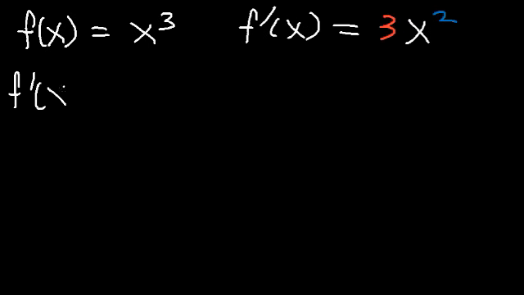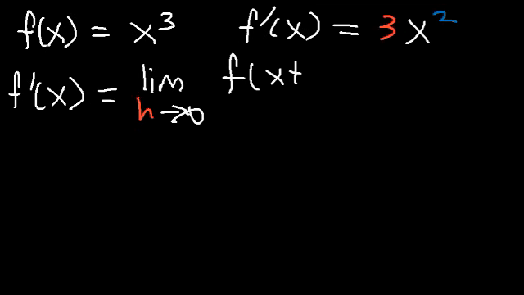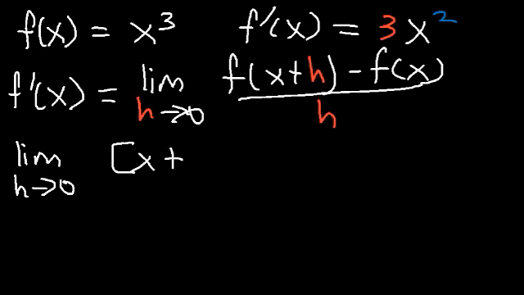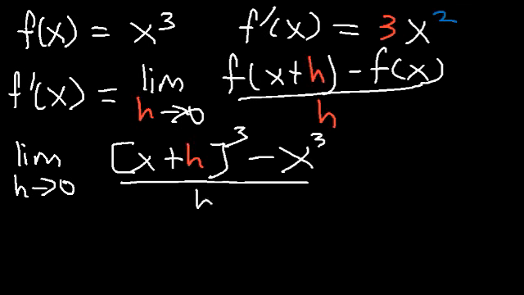So f prime of x is going to be the limit as h approaches 0, f of x plus h minus f of x divided by h. So f of x plus h, that's going to be (x plus h) raised to the third power, and then minus x cubed, divided by h.